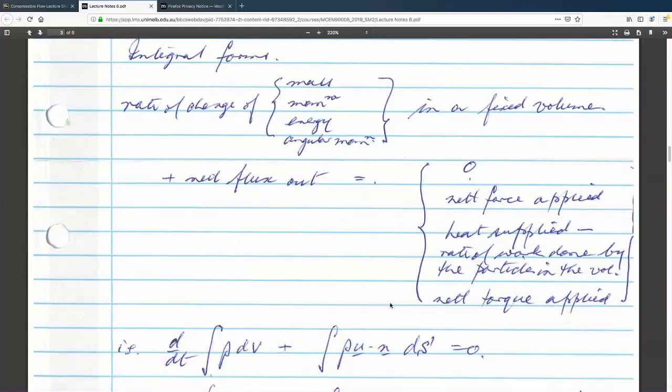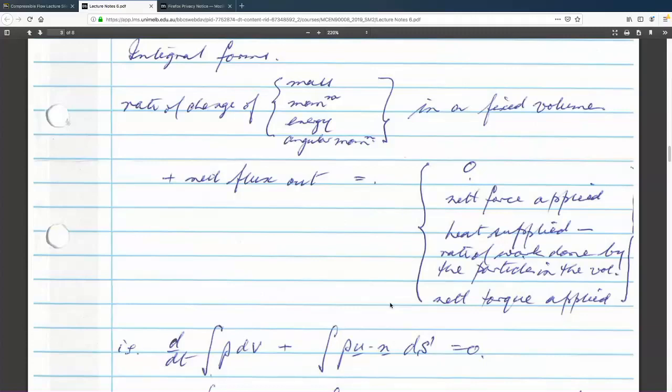So here are the integral forms, which are always true, whether the objects are differentiable or not. They say the rate of change of mass, momentum, energy, and angular momentum in a fixed volume plus the net flux out of the fixed volume is equal to, in the case of mass, 0.